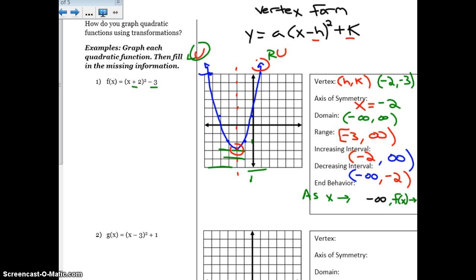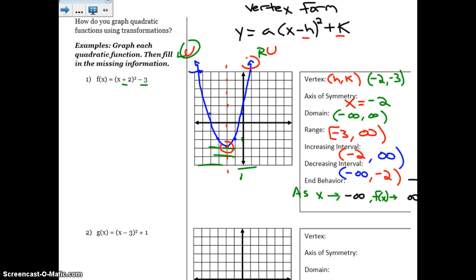As x approaches negative infinity, f of x approaches positive infinity. All right? And then the second line is going to say as x approaches positive infinity. So now we're just looking to the right? Correct?